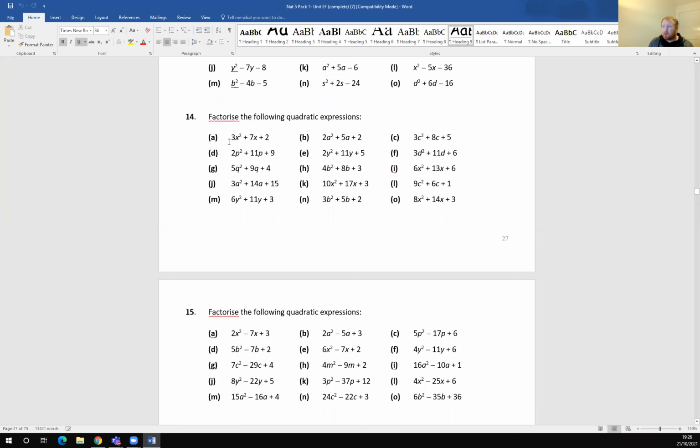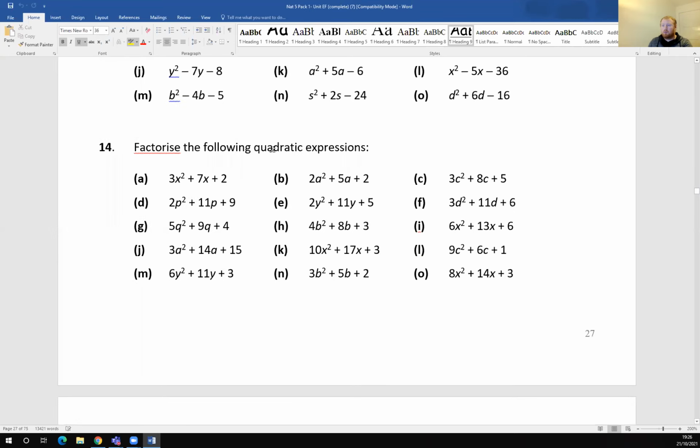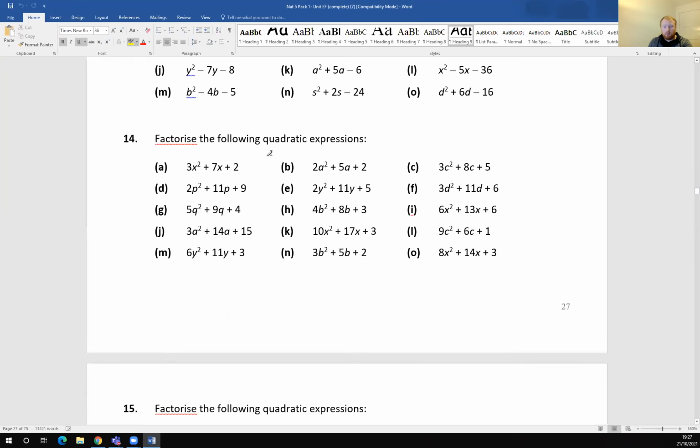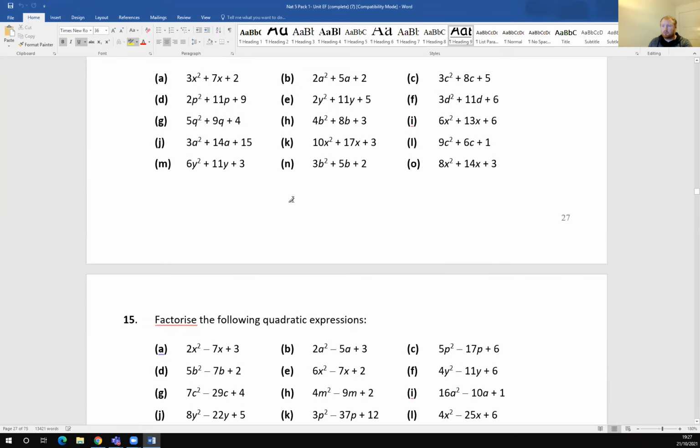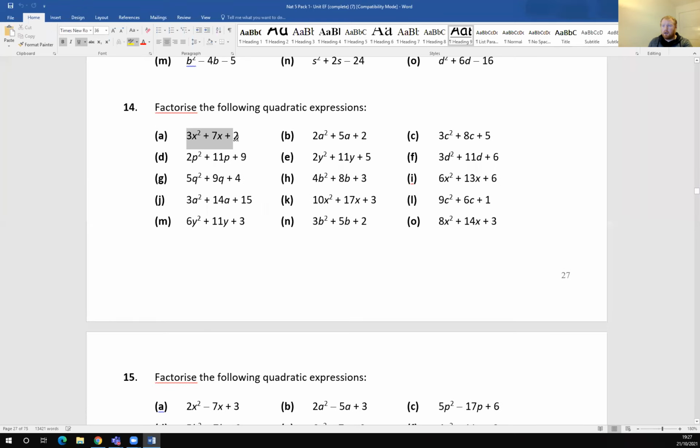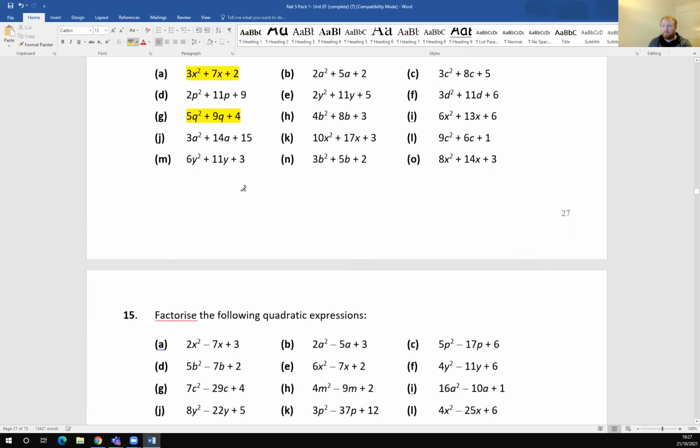So let's do a couple of each question. What's the time? 7:30. So let's have a go at A and G.